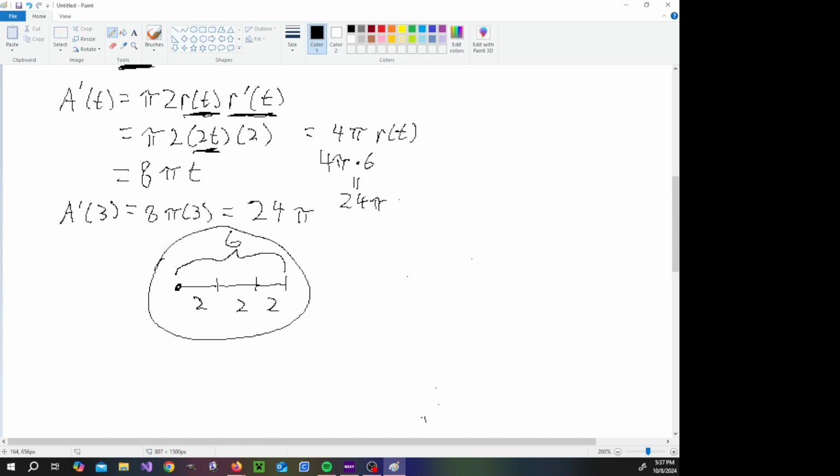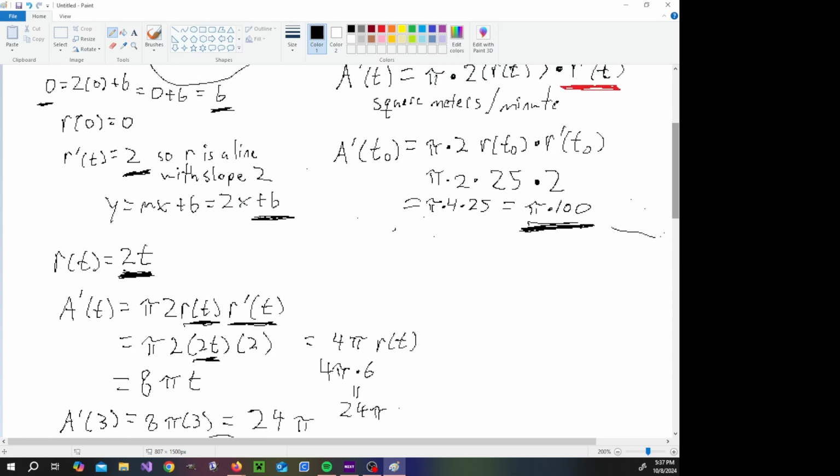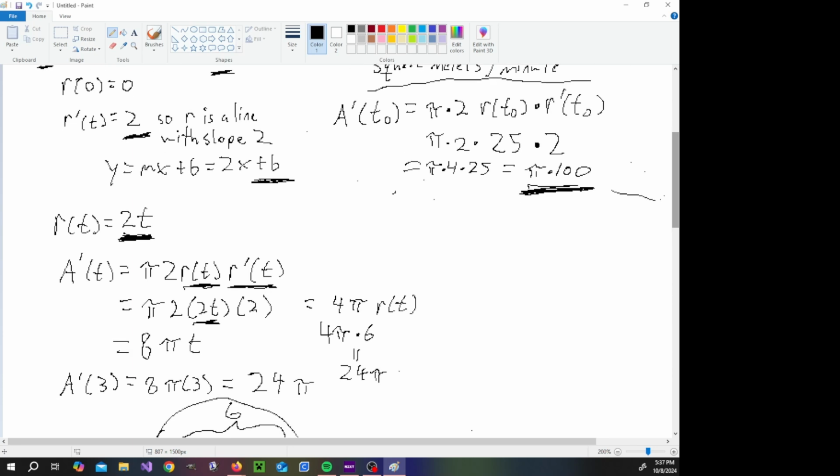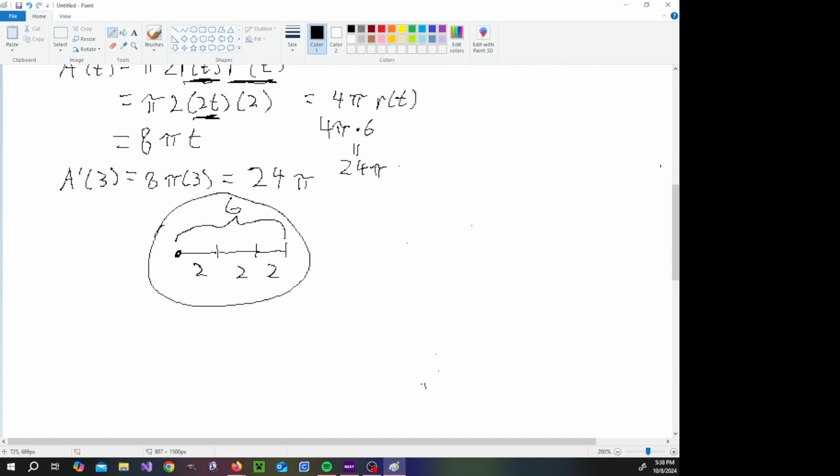This is a word problem, which means we are supposed to use units. So because both of these were A prime, and I did take that second to say that A prime is square meters per minute, technically my answer isn't pi times 100 on that part A. It's pi times 100 square meters per minute in the second part as well as A prime.